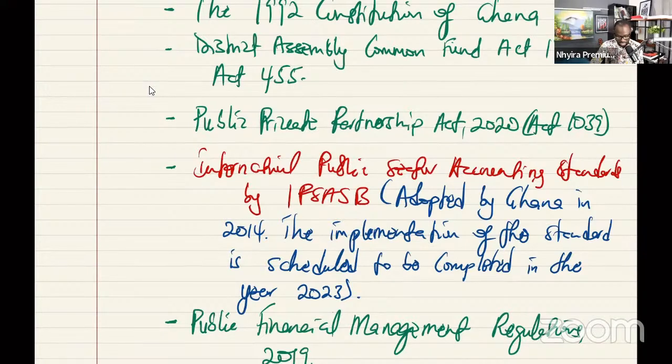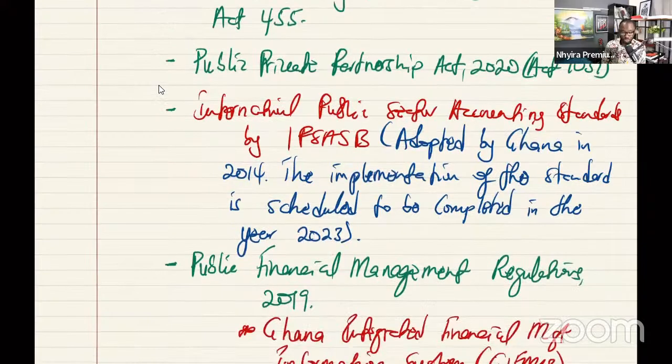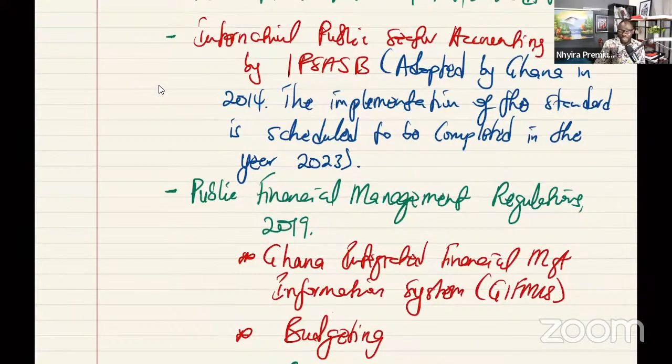Then the IPSAS, I think we referred to that also a moment ago. It is one of the issues we'll be looking out for a bit later on in our discussion, and when we get there, we will look at that. Then the Public Financial Management Regulations 2019.